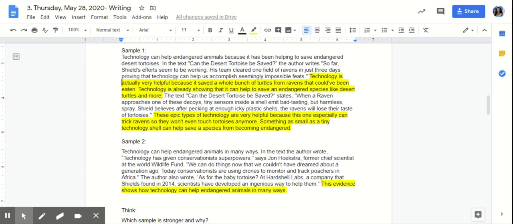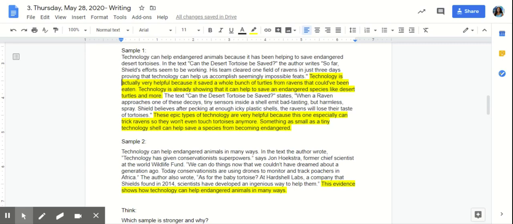So notice in sample 1 that we have our assertion as our first sentence. Technology can help endangered animals because it has been helping to save endangered desert tortoises. Now let's see if our quotes addresses that. In the text, Can the Desert Tortoise Be Saved?